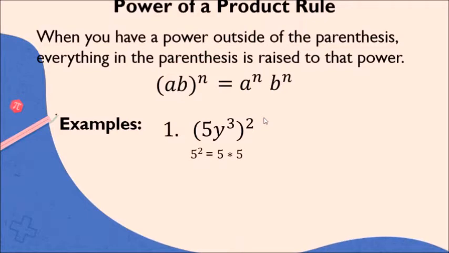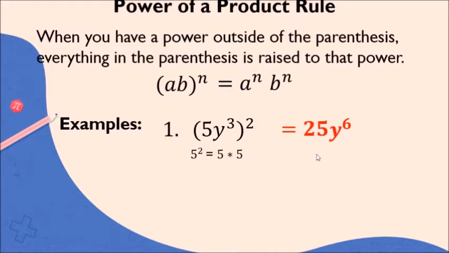So that would be 5 times 5, which is 25. How about this one? This is y cubed raised to the power of 2. Copy y and then multiply the two exponents. The final answer would be 25y raised to the power of 6.